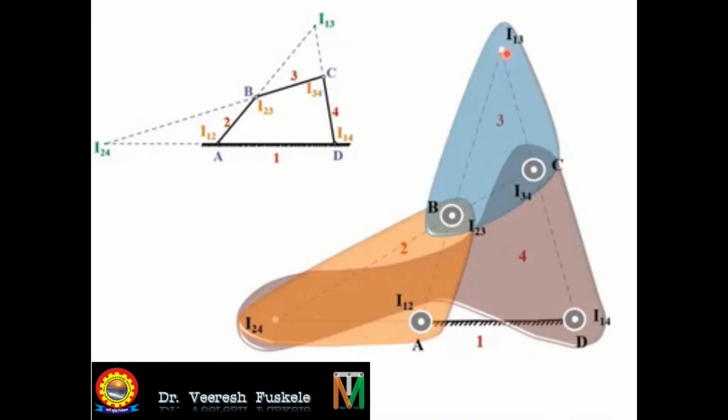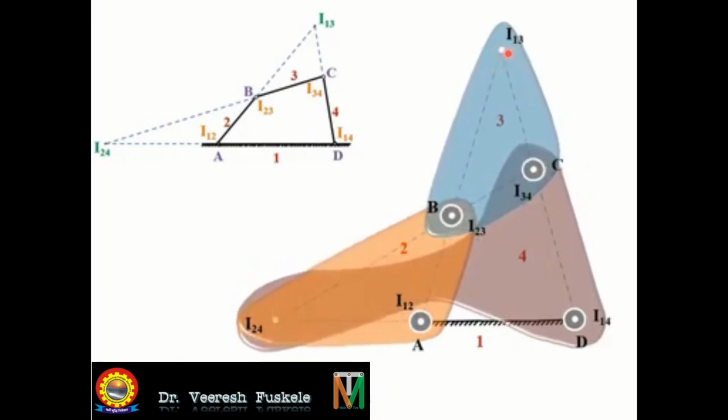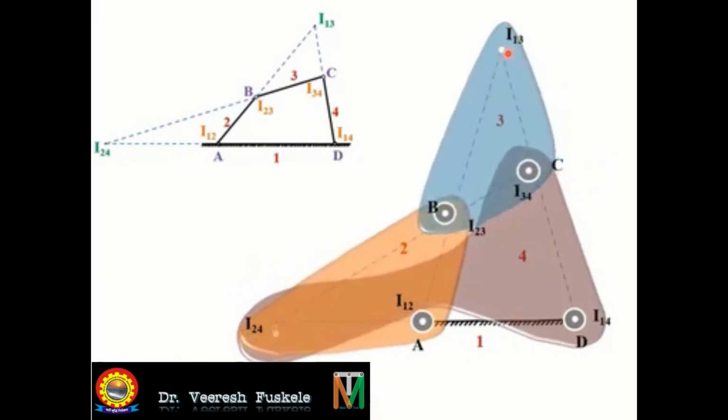So this point does not move. This point has zero velocity, as we see here. As we are moving, this point is hardly moving. This point is stationary. It is having zero velocity. I13 is having zero velocity.